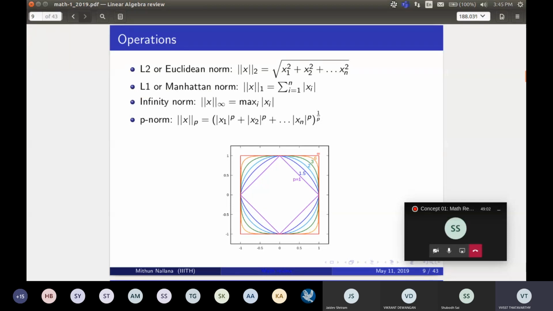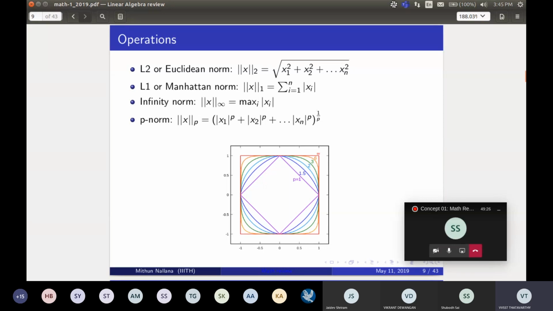And there is one more norm called the infinity norm, which is like taking the maximum element of the vector. Say you have x1 to xm as your vector, and you take the maximum out of that, you define it as the infinity norm. And there is the p norm.